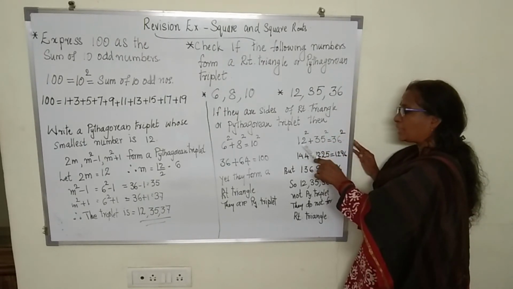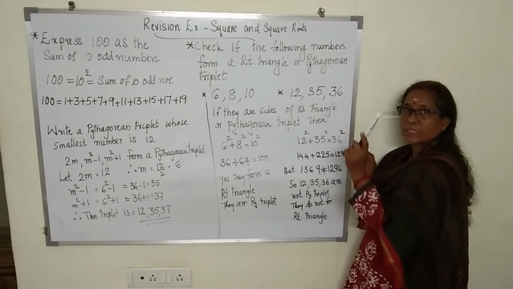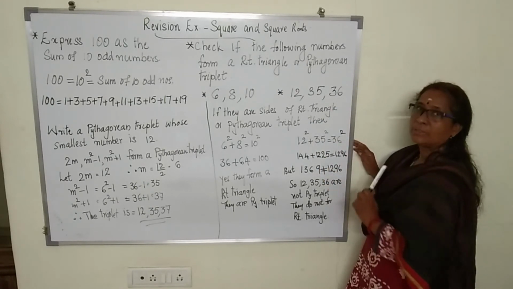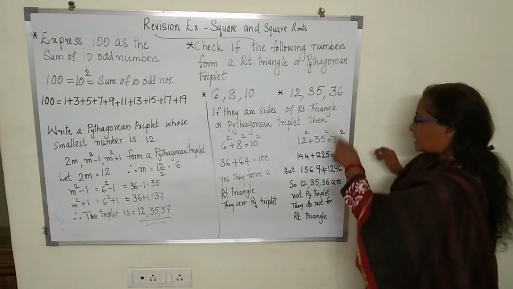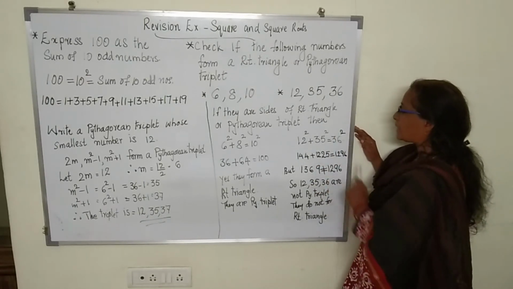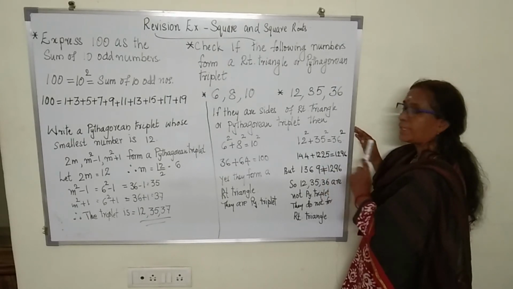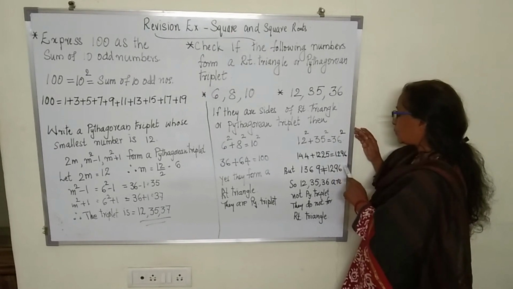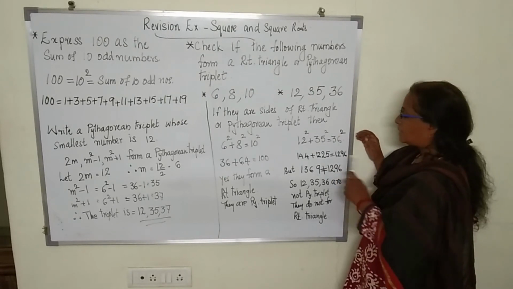So, what is the condition? 12 square plus 35 square should be equal to 36 square. Let us find all the squares. 12 square is 144, 35 square is 1225 and 36 square is 1296.